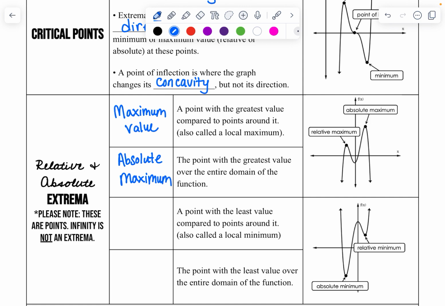A point with the least value compared to points around it is known as a relative minimum. And the point with the absolute least over the entire domain of the function is called the absolute minimum.